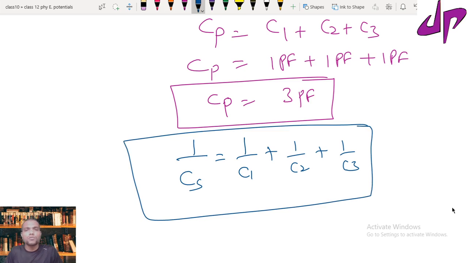That is easy to remember. By using these two formulas for the series combination and the parallel combination, we will find the resultant capacitance for a given combination. By solving problems, we will get a better understanding of how a capacitance value increases or decreases by combining more capacitors, either in series or in parallel combination.